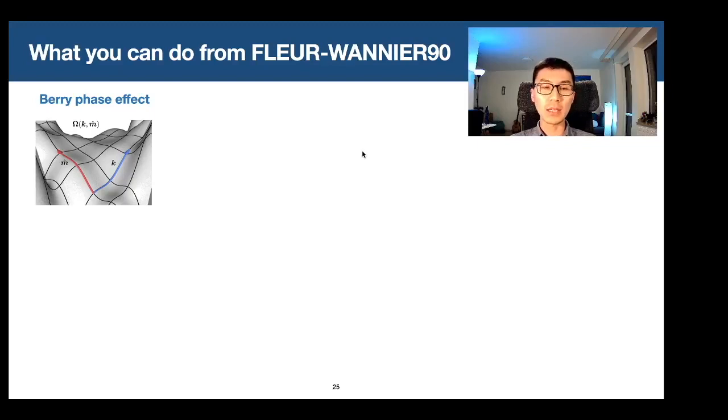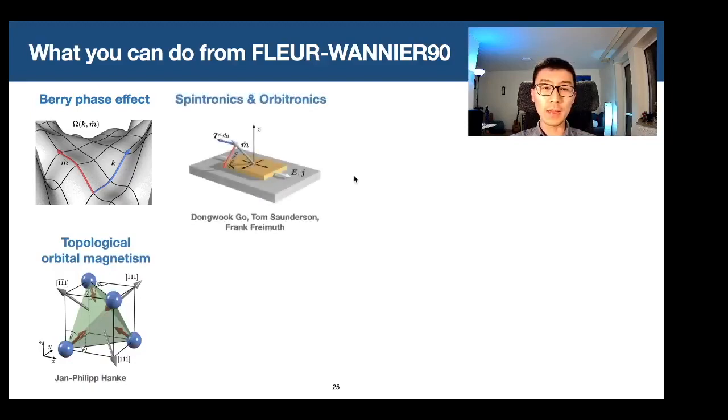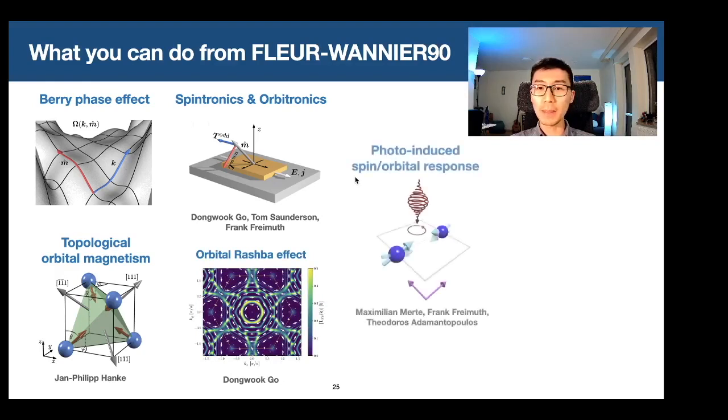In our group, led by Yuri Mokrousov, most people are working directly or indirectly with Berry phase effects, such as topological orbital magnetism in non-collinear antiferromagnets. I'm personally very interested in spintronics and orbitronic effects in magnetic devices. We can also study surface states like the orbital Rashba effect.